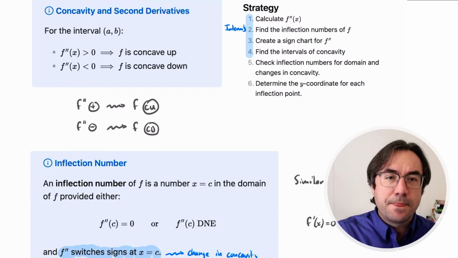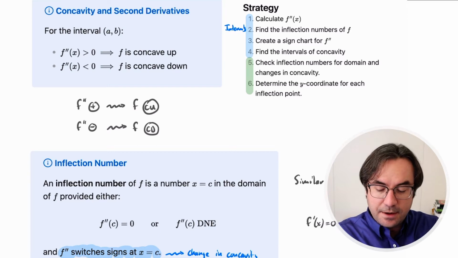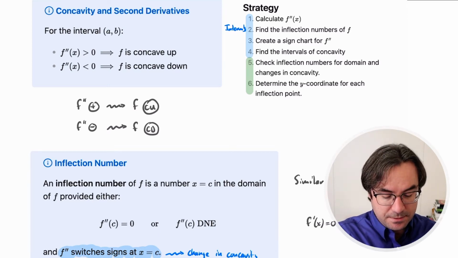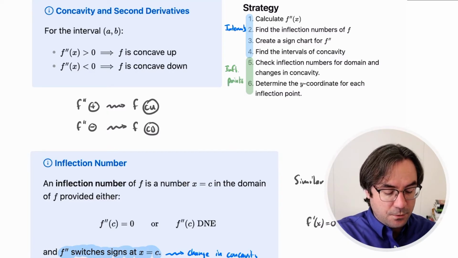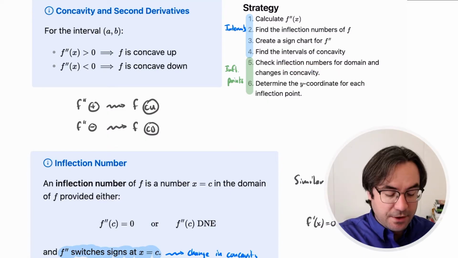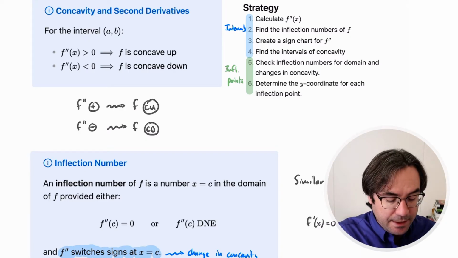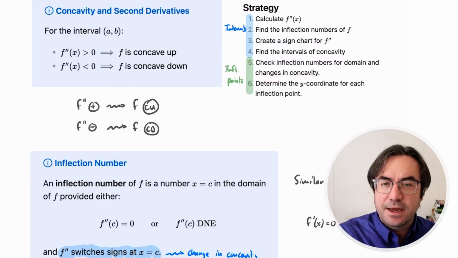All right, so from here, we want to then locate our inflection points. So those inflection numbers that we found, we just want to check that they're actually in the domain of our original function, so that there's actually a point there, and that we actually do have a change in concavity.